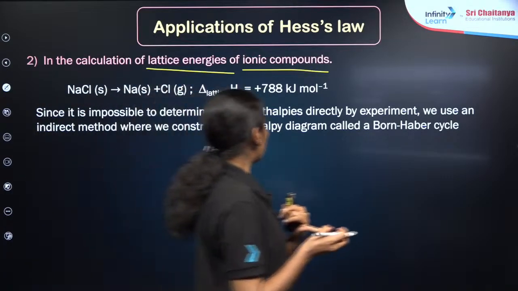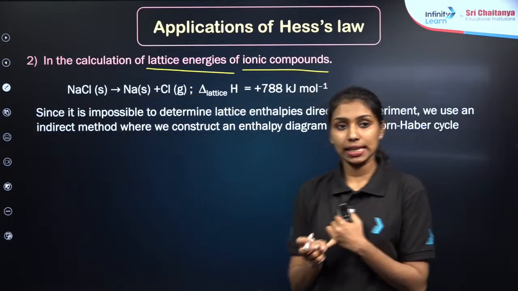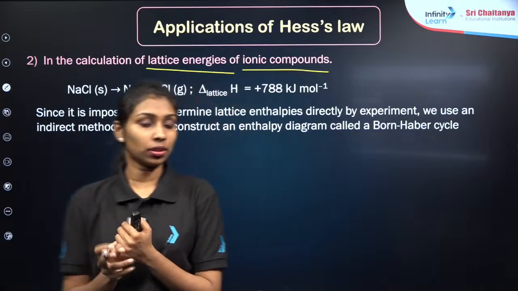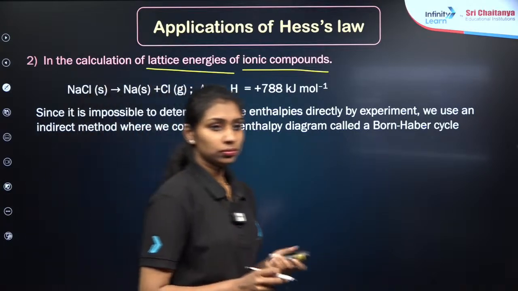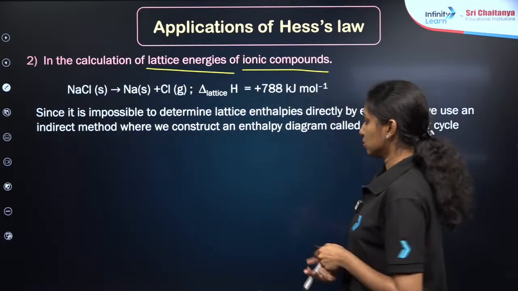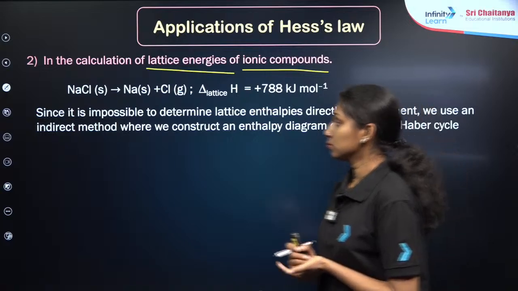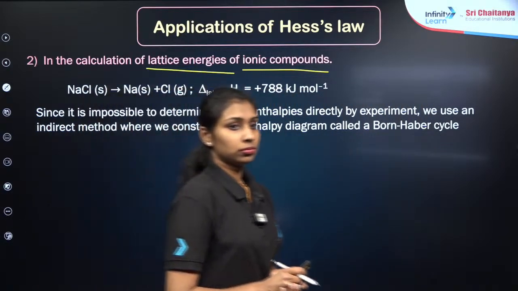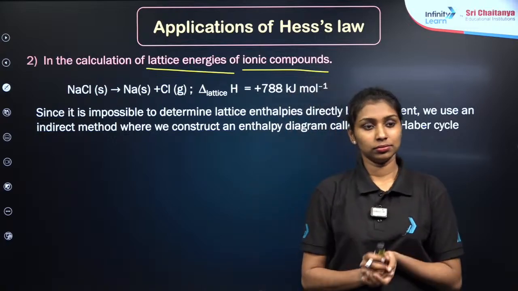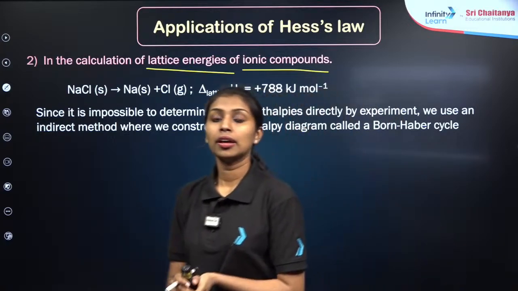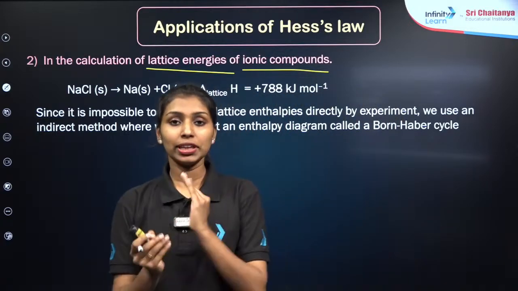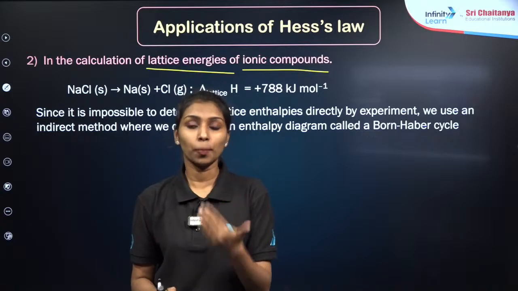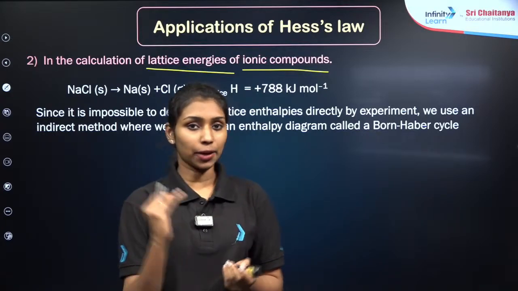What do you mean by lattice energy or lattice enthalpy? It is the enthalpy change happening whenever an ionic solid or ionic compound is formed from its gaseous ions, right?